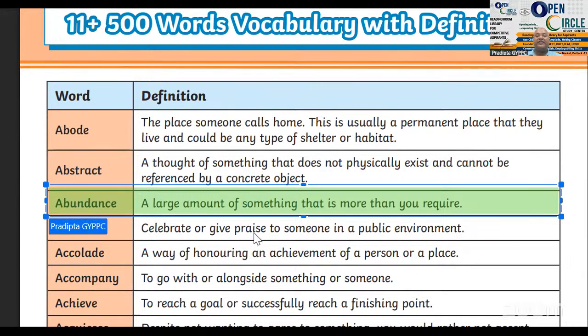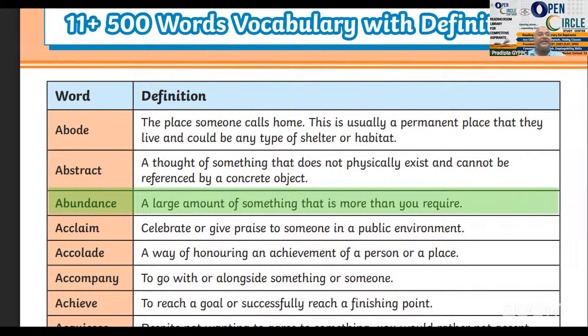The word acclaim, A-C-C-L-A-I-M, is a verb which means celebrate or appreciate in some public environment. Example, the government acclaimed my teacher's achievements in an award ceremony. I repeat, the government acclaimed my teacher's achievement in an award ceremony, here, award giving ceremony. The next one is accolade.